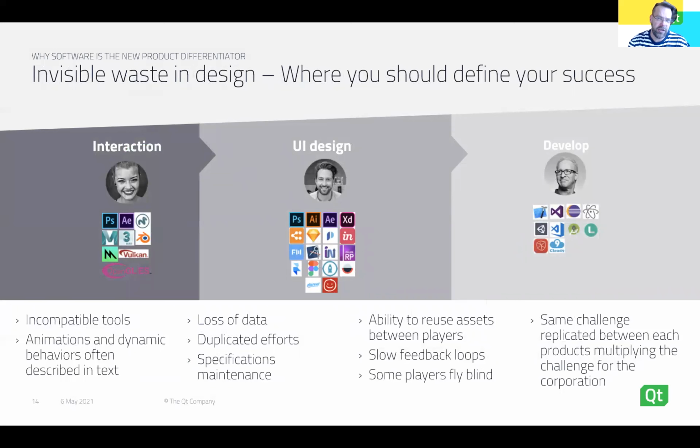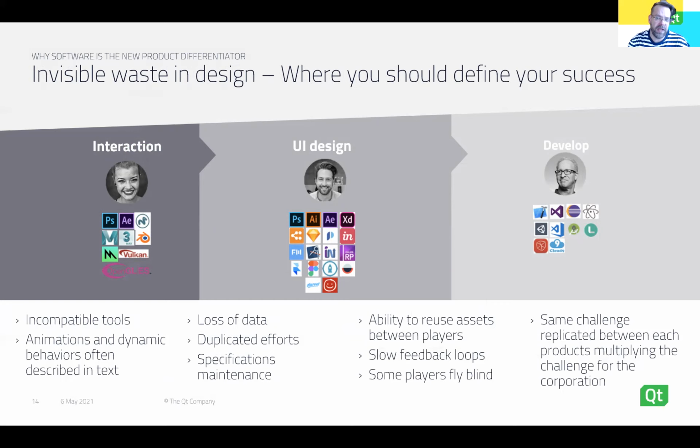So traditionally, the interaction designers and UI designers and developers are using their own different incompatible tools. They have their own favorite tools, and then animations and dynamic behaviors are described in text or in PowerPoints or in animated PDF files, so something to transfer the knowledge and information between these different parties.